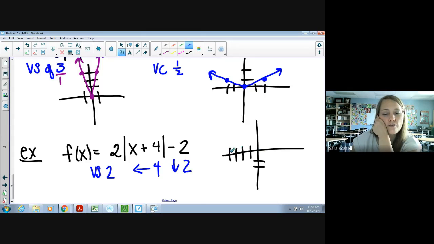So I go left 4, down 2, where I'm starting. Normally it would be up 1 over 1, but instead I'm going up 2 over 1 because my slope was 2.